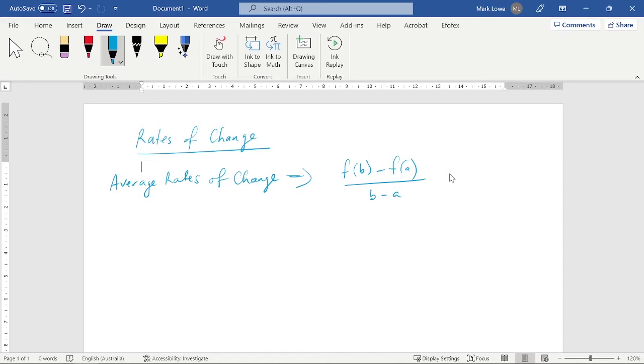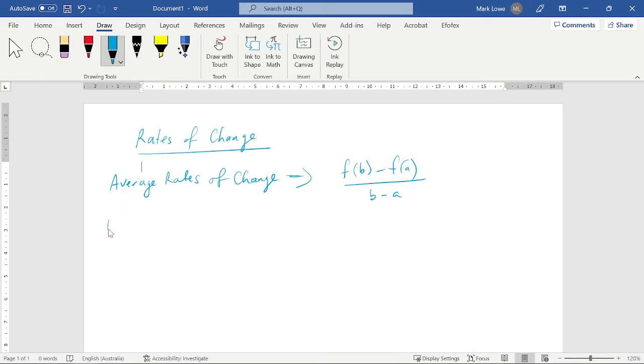But what we're talking about with calculus is the instantaneous rate of change. If we're given a function and we find the derivative, that derivative is the rule for the rate of change of that original function at any instant in time.